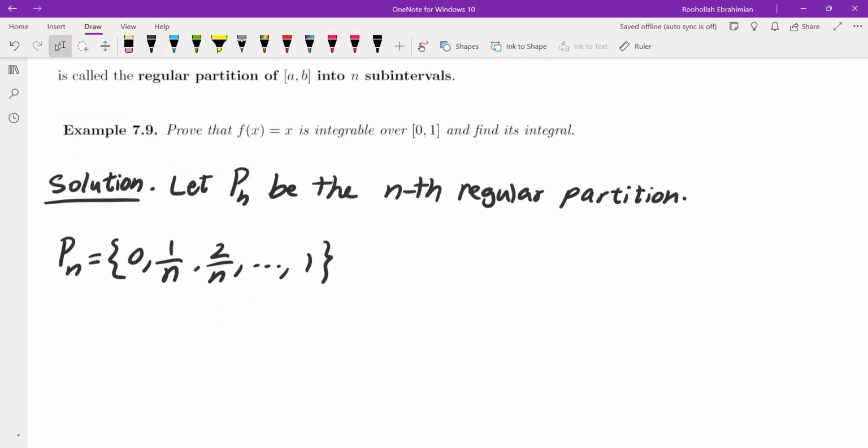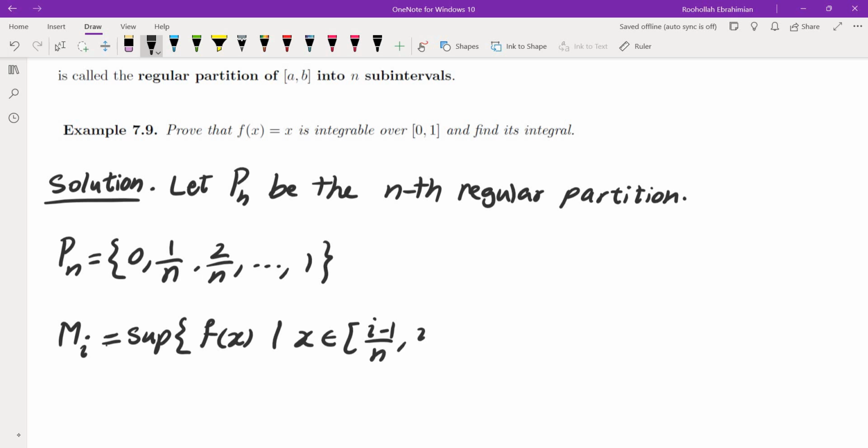If you look at the interval from i minus 1 over n to i over n, capital Mi is the supremum of f of x, where x belongs to the interval from i minus 1 over n to i over n. But f of x is just x, so it is all the x's where x is in i minus 1 over n to i over n.